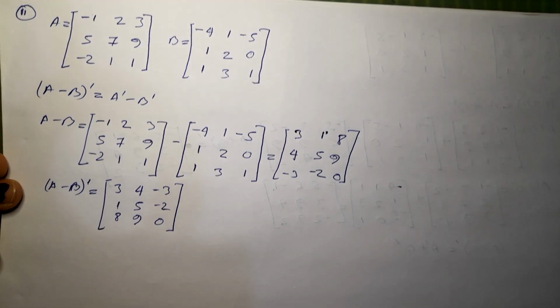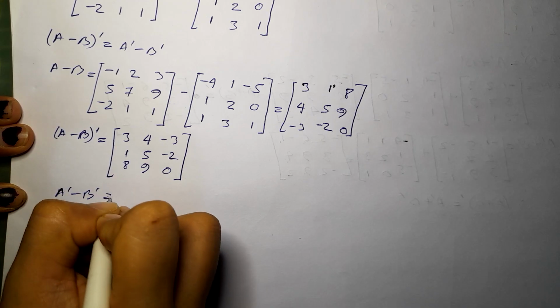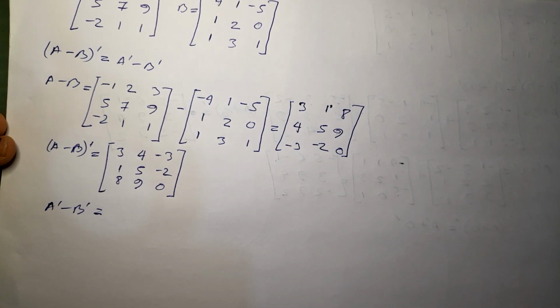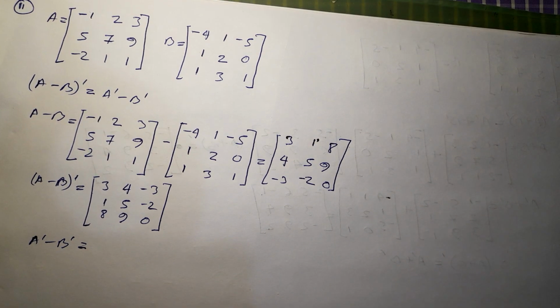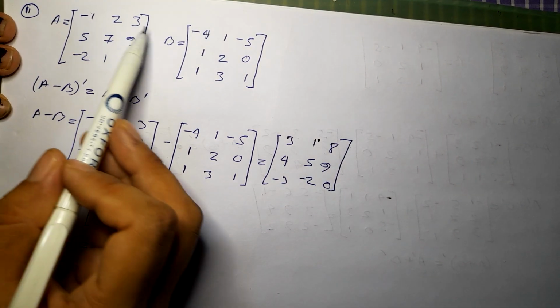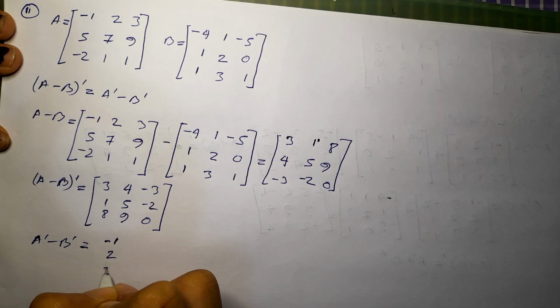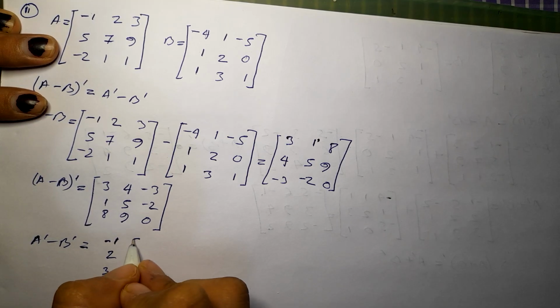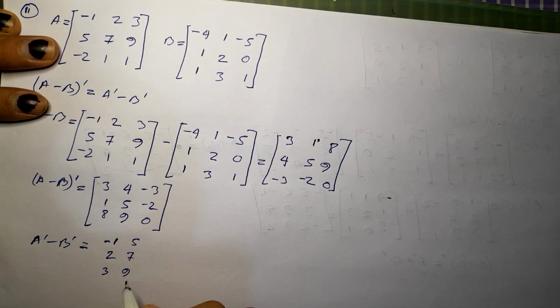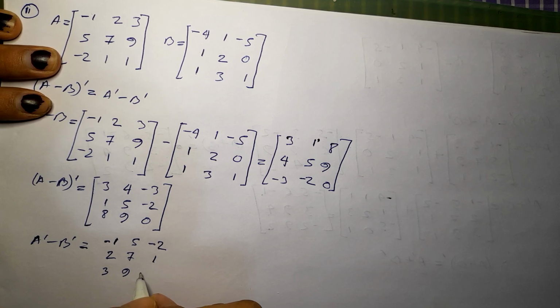Now the subtraction A transpose minus B transpose. A transpose: the rows will become columns. So -1 2 3, second row 5 7 9, third row -2 1 1.